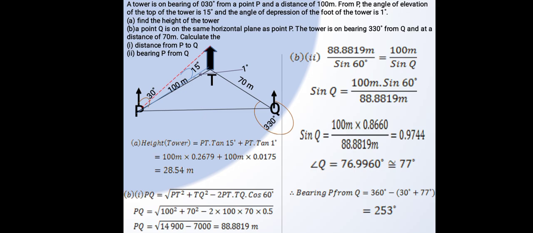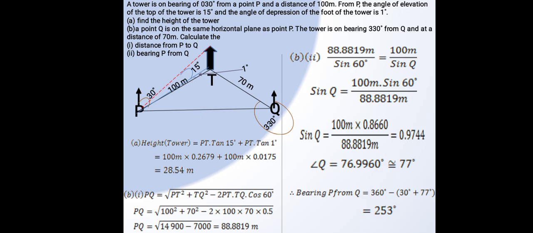This means for the height of the tower, let's say the top of the tower is T. We shall take tan 15 degrees, and also take tan 1 degree.